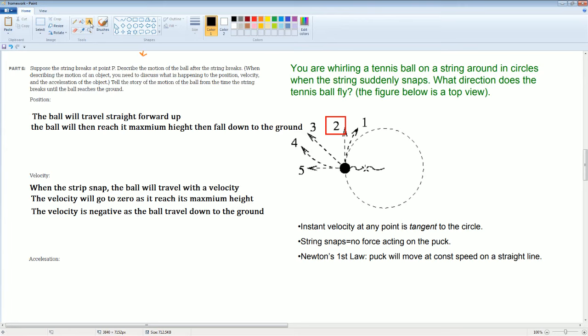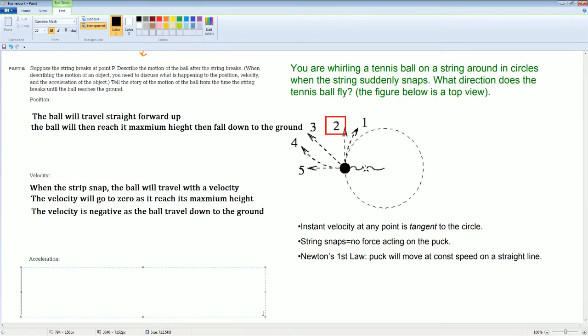And acceleration, right? We know that there is no thrust, like there's no engine, right?